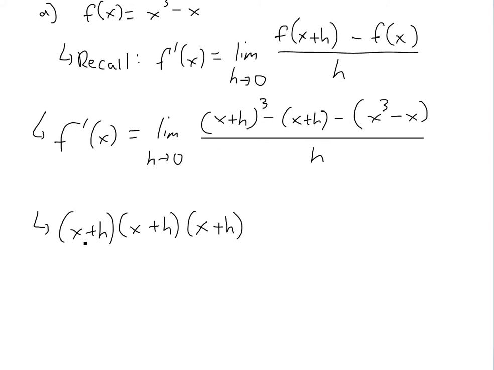Like I showed in my earlier video, you multiply these out, and we're going to get x cubed, so x times x times x. This is a quick way of doing it.